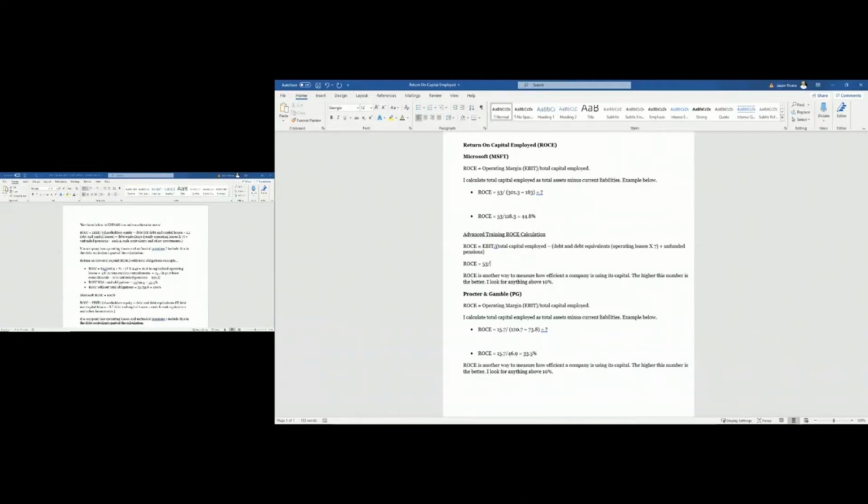So, okay, total capital employed was 18.3. So this should be minus, and the other numbers over here. Sorry, plus or minus. If I minus things, that would make it look even better. But you need to add these things so that you're aware of the real world aspects of the company.